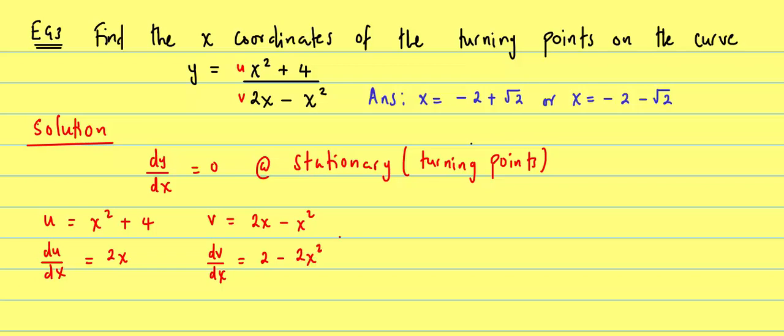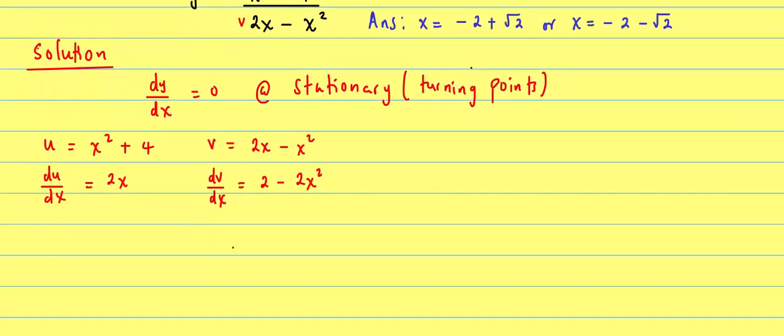From here on, we are going to say that dy by dx is going to be equal to v, which is 2x minus x squared, multiplied by the derivative of u, which is equal to 2x, minus u, which is equal to x squared plus 4.